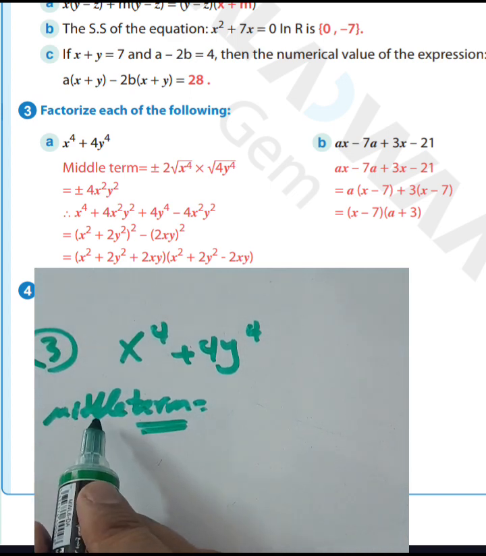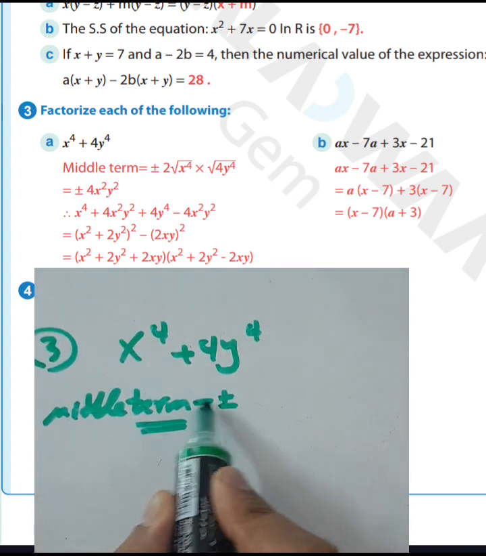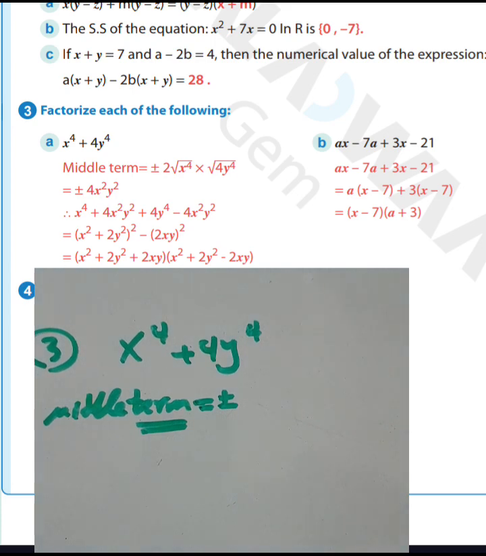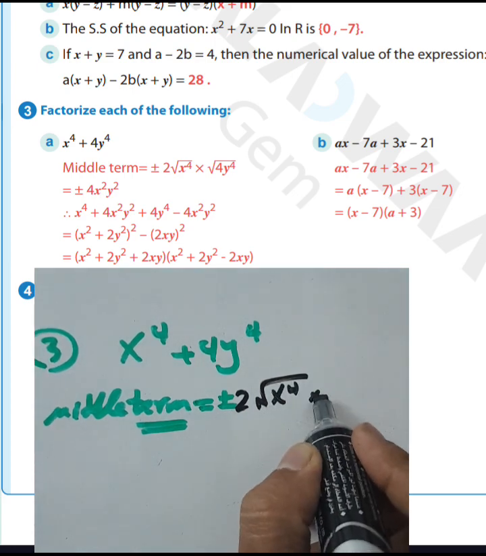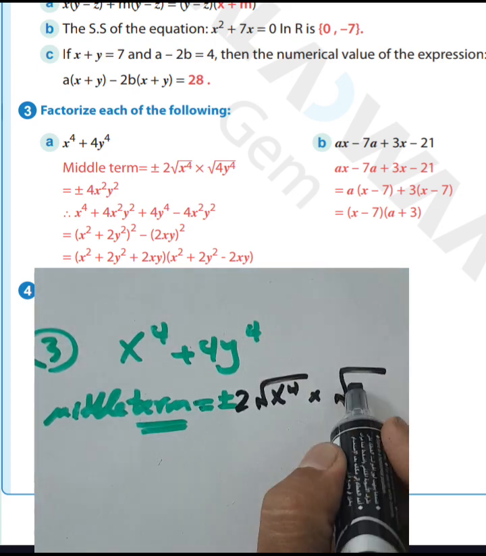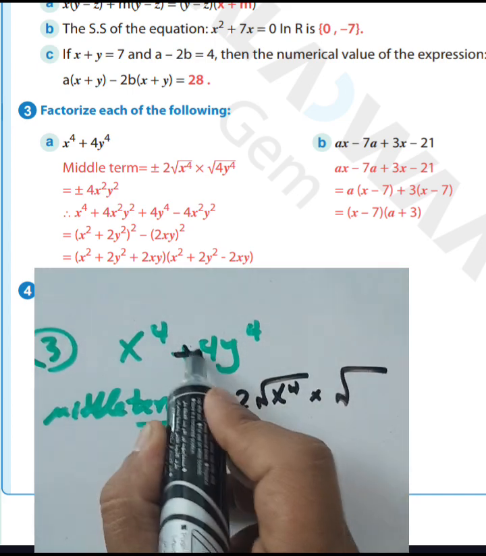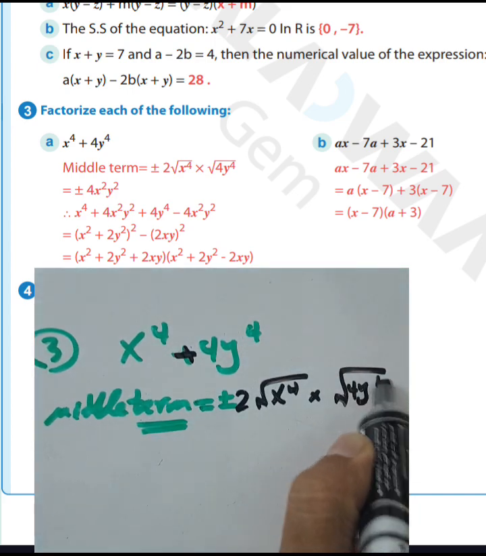You must write positive or negative 2, product by the square root of the first term, product by the square root of the second term, 4y power 4.